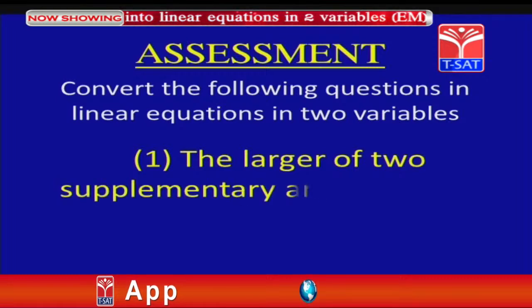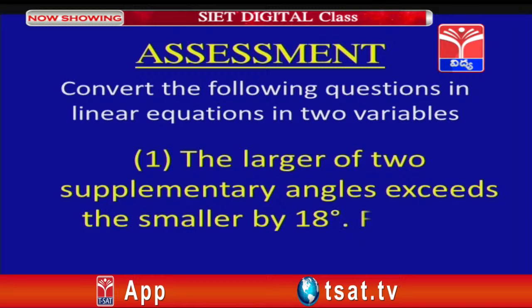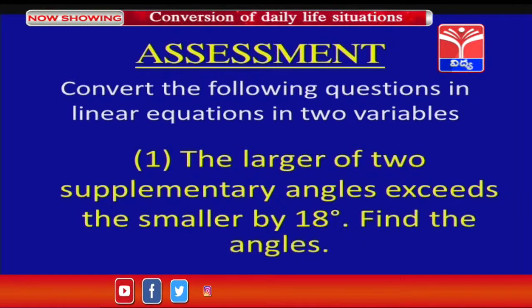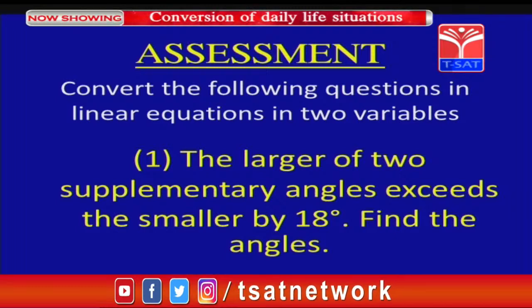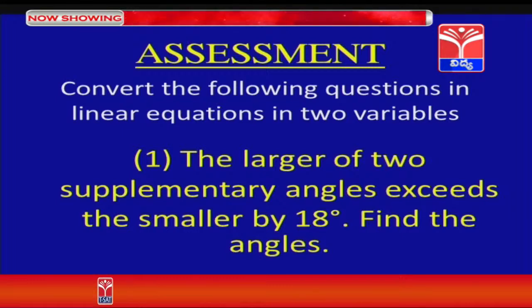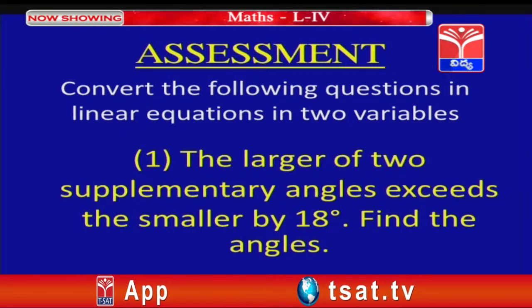First question: the larger of two supplementary angles exceeds the smaller by 18 degrees. Find the angles. You know about the supplementary angles. By this concept, you have to prepare two linear equations in two variables. There are two conditions.